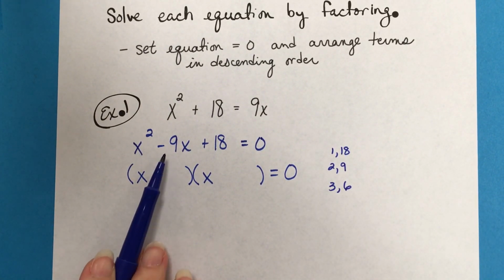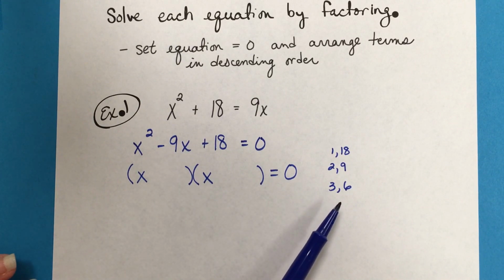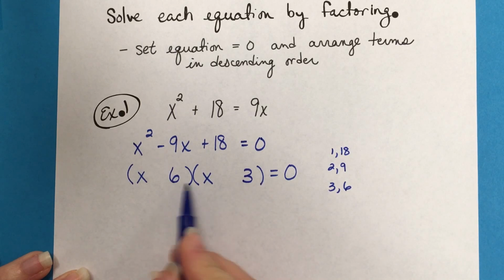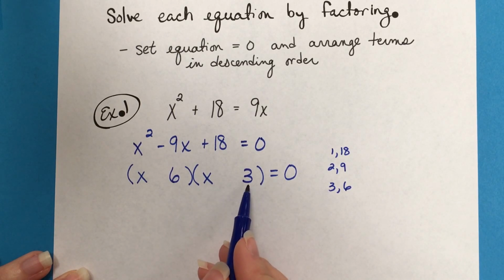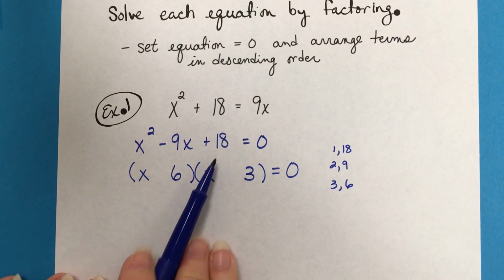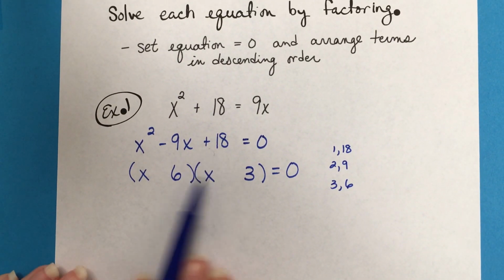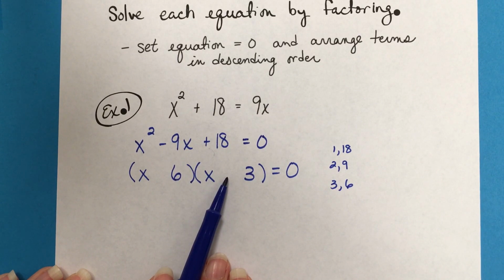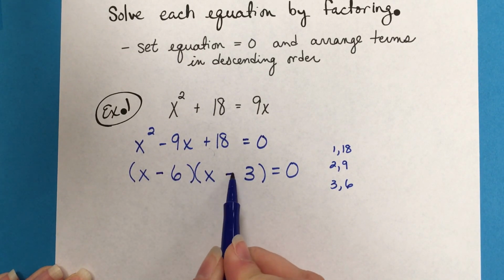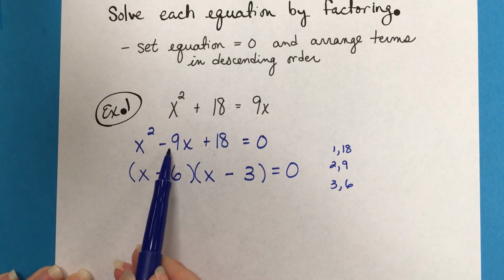But if we're trying to get a negative 9 in the middle, probably 3 and 6 is what we need to use. And it doesn't matter which one you put in which set of parentheses, since the first terms are the same. Now remember, we learned that if this is positive, that means my signs down here have to be the same, and you would have to add a negative 6 and a negative 3 in order to get your negative 9.